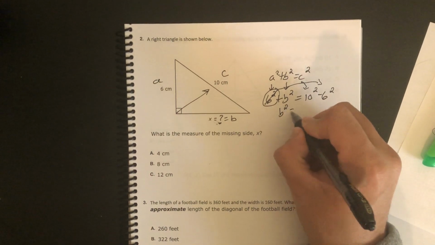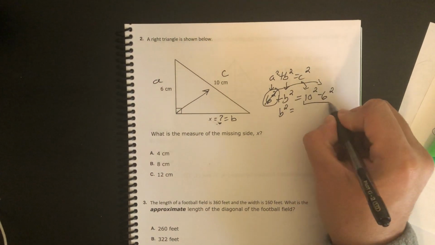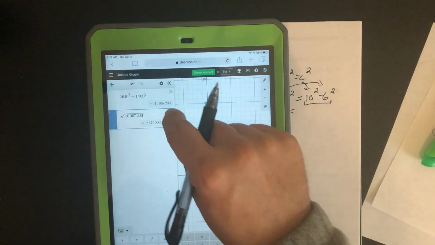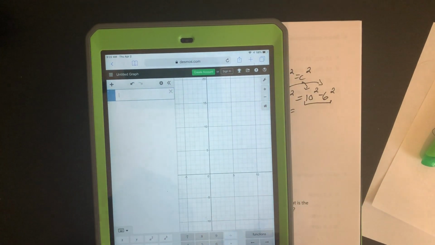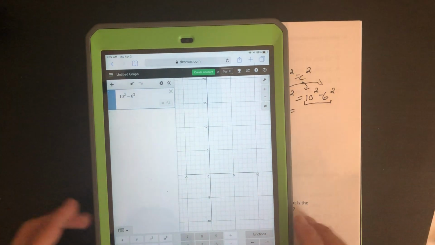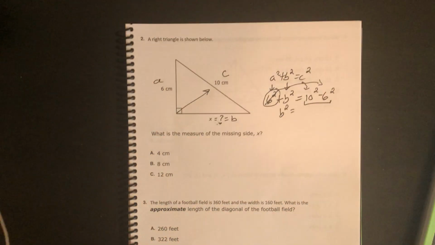So B squared equals, let's go ahead and go to Desmos and type that in. 10 squared minus 6 squared, and we get 64.